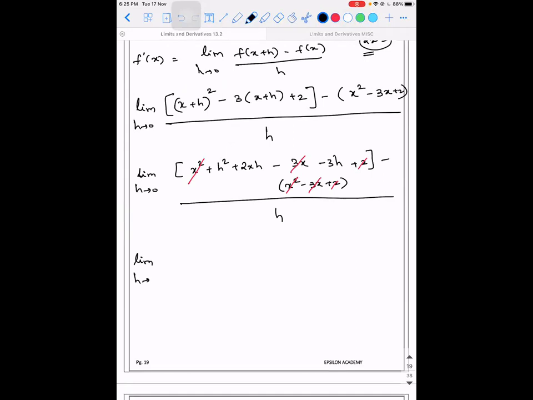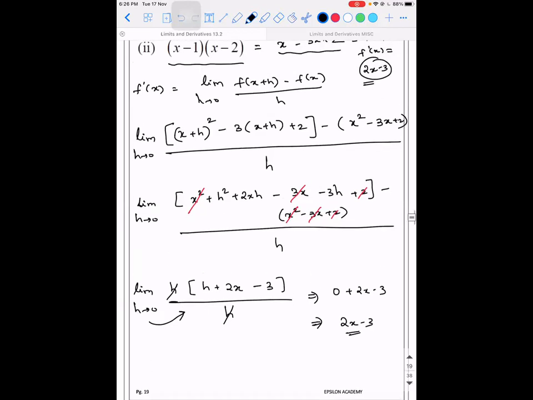When you substitute 0, you will get 0 by 0 form, so you need to take out h common from the numerator. When you take out h common, it will be h plus 2x minus 3 by h. When you cancel these two and substitute the limit, 0 plus 2x minus 3. So the answer is 2x minus 3. Is that not the expected answer? Yes, sir. Got it.